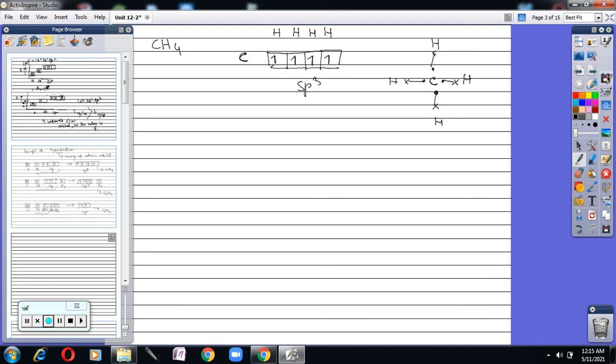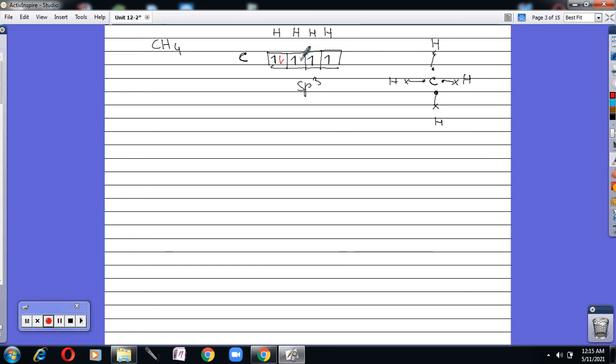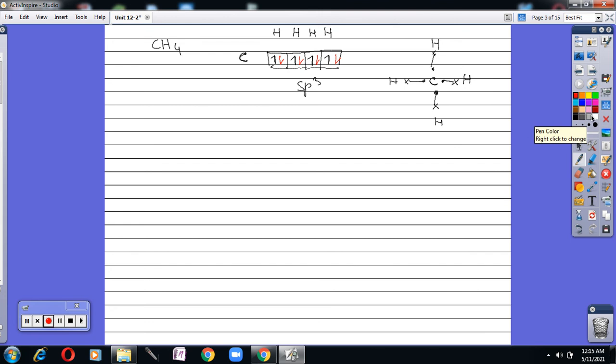Font color. Okay, so this one. This hydrogen will give another electron here, this one another electron, this one, this one. So in this way, the methane molecule has been formed.